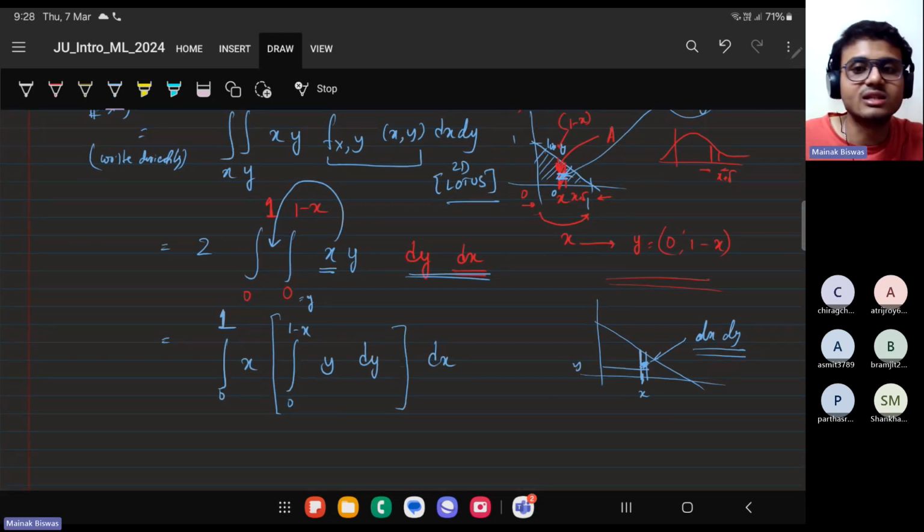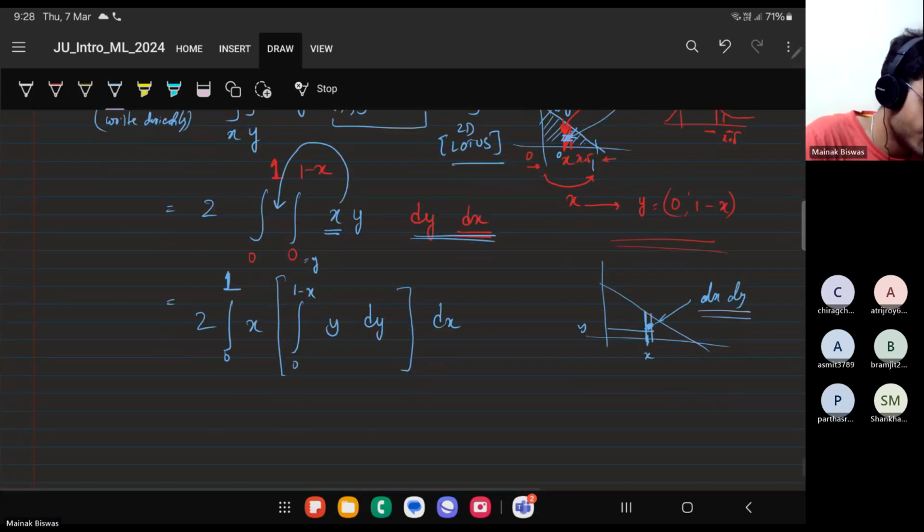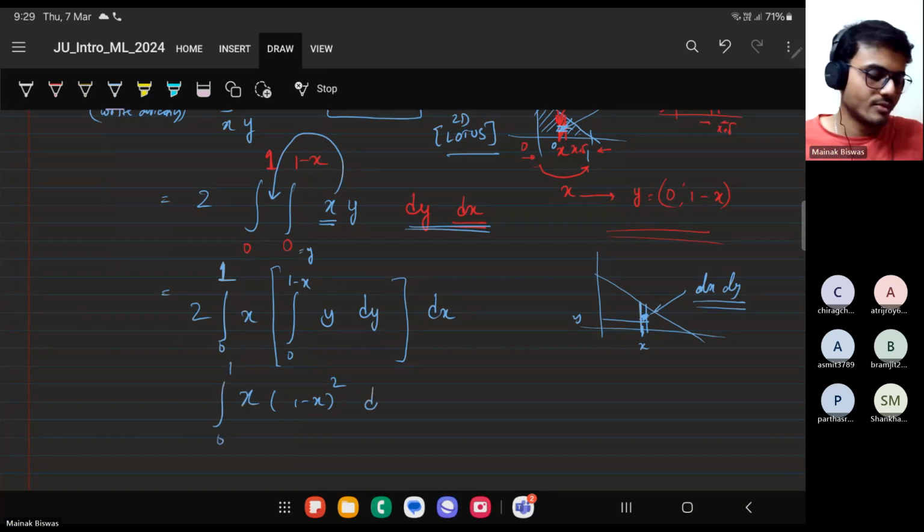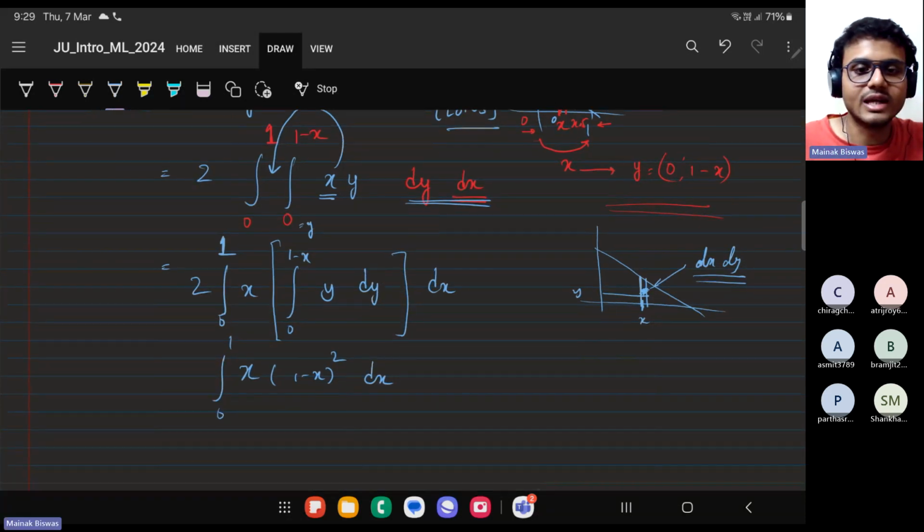If you're confused, write it this way. Then all confusion will flee. Then you will get (1 minus x) square by 2. So 2 and 2 cancel. 0 to 1 dx. This is what you will get. Any doubts?